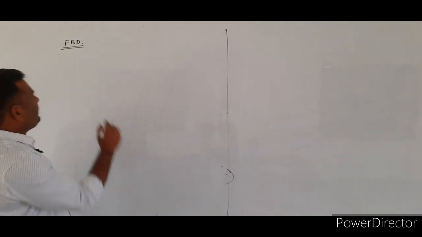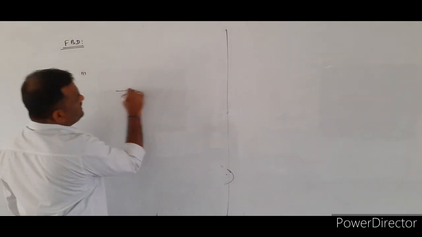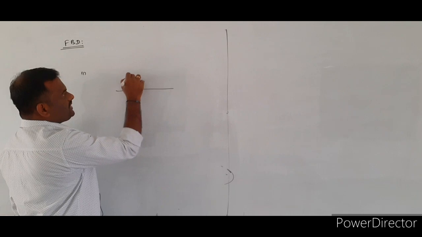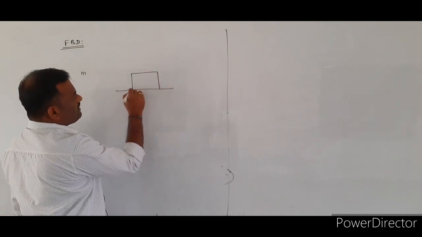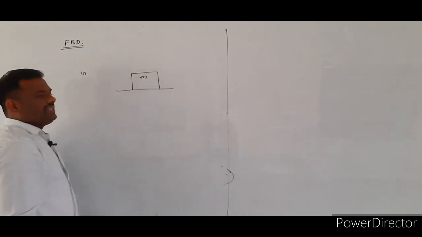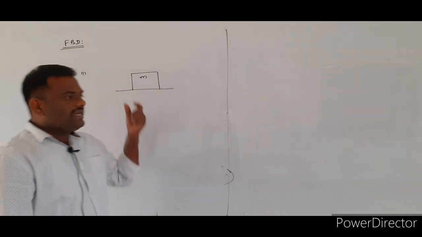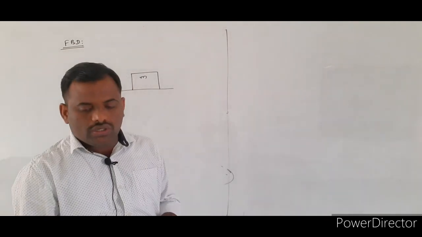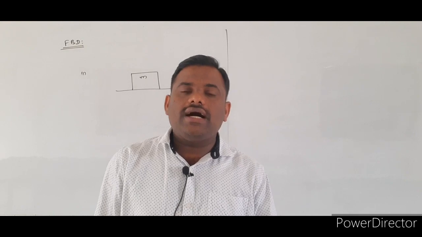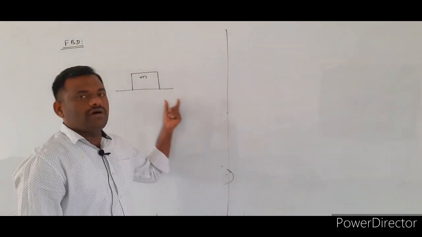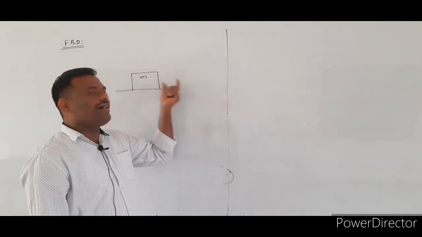Let us consider one example. An object is placed over a horizontal surface. We consider the mass of the given object to be small m. Simply they ask, draw the free body diagram of the given object of mass m.